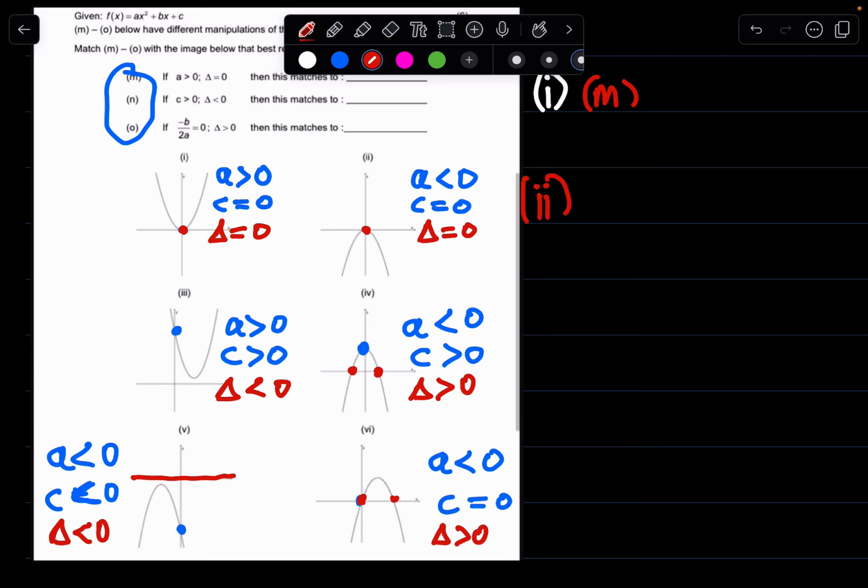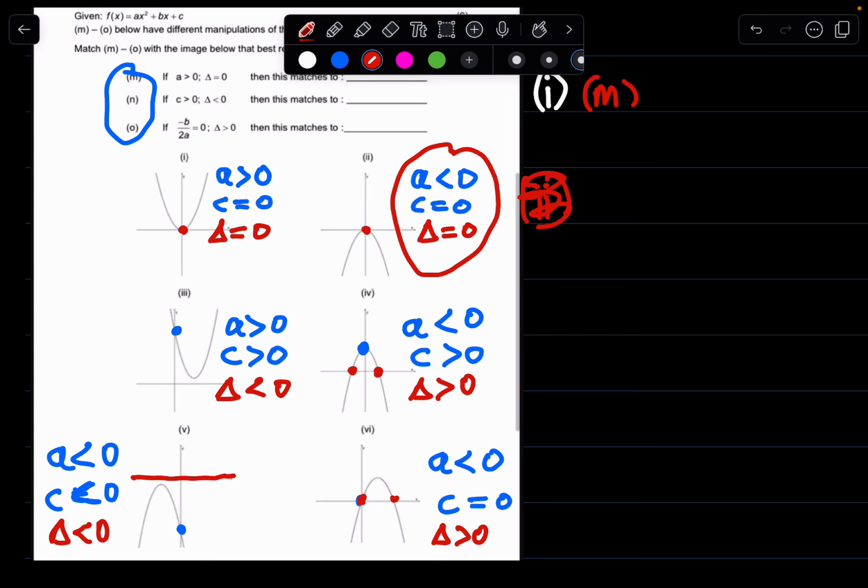Right? We're also looking for delta equals 0. And then we don't have C equals 0 in our options. We don't have anything that best matches this, basically. So number 2 doesn't match anything. So we leave that. So M matches with I.